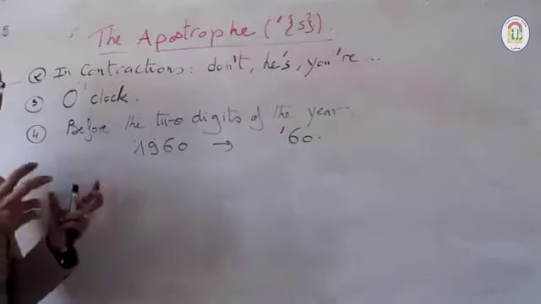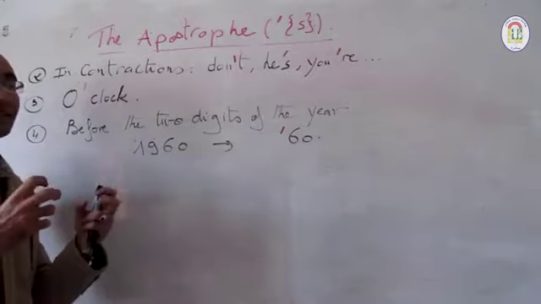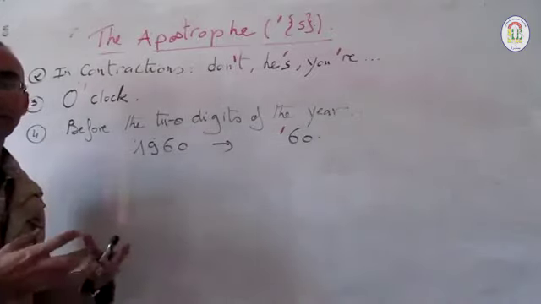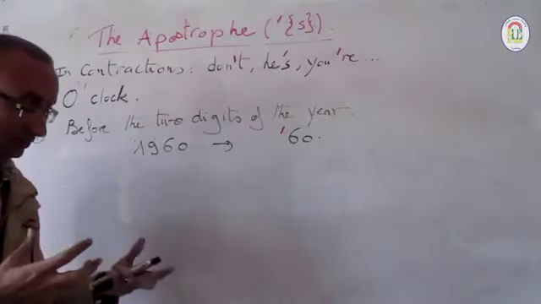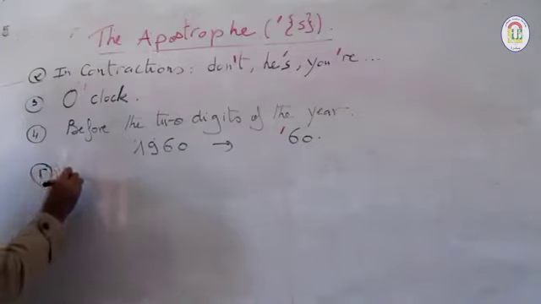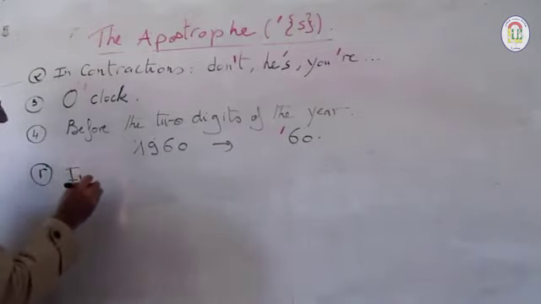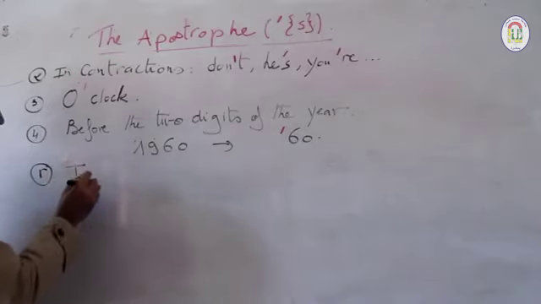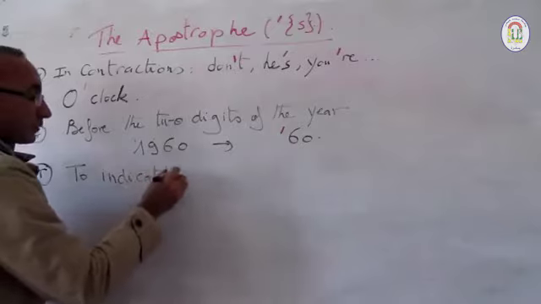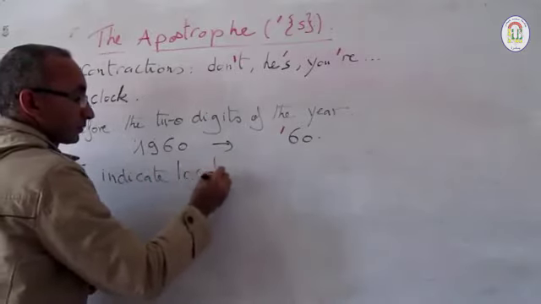So here the apostrophe and s indicate the location. Also, number 5: to indicate locations.